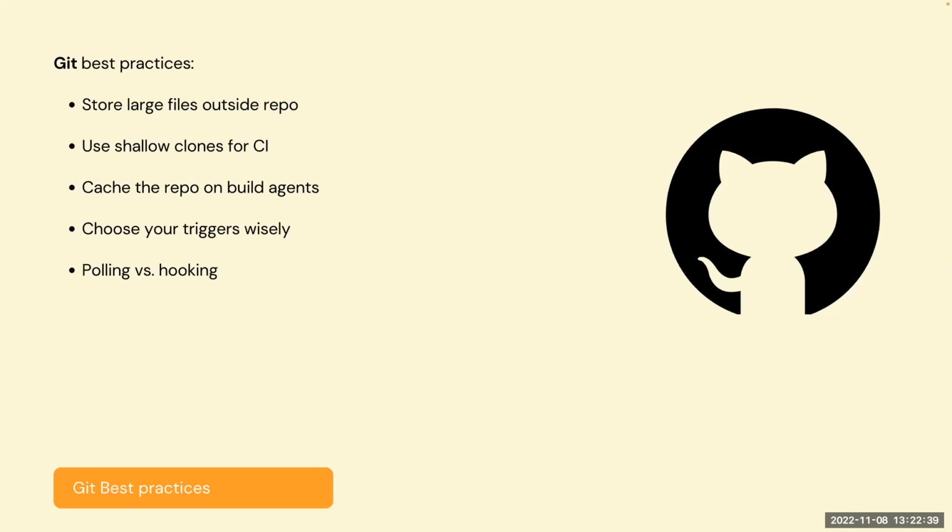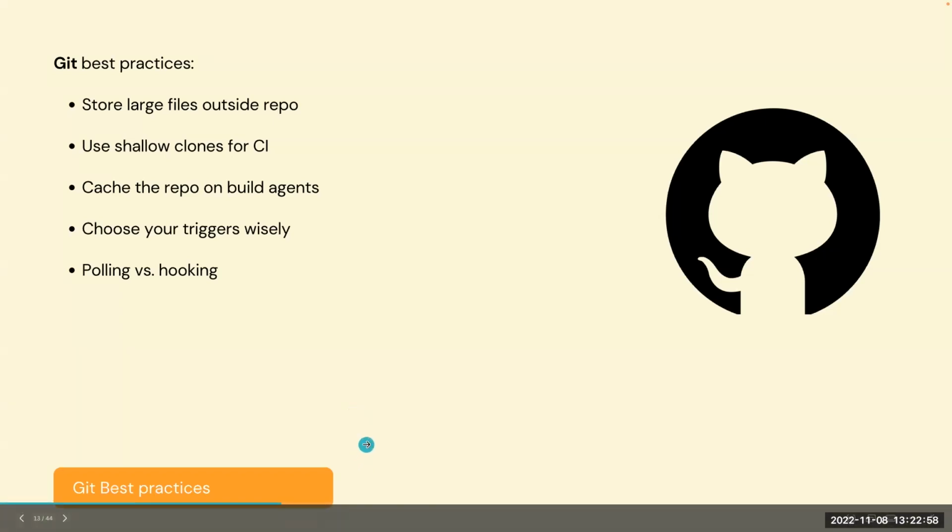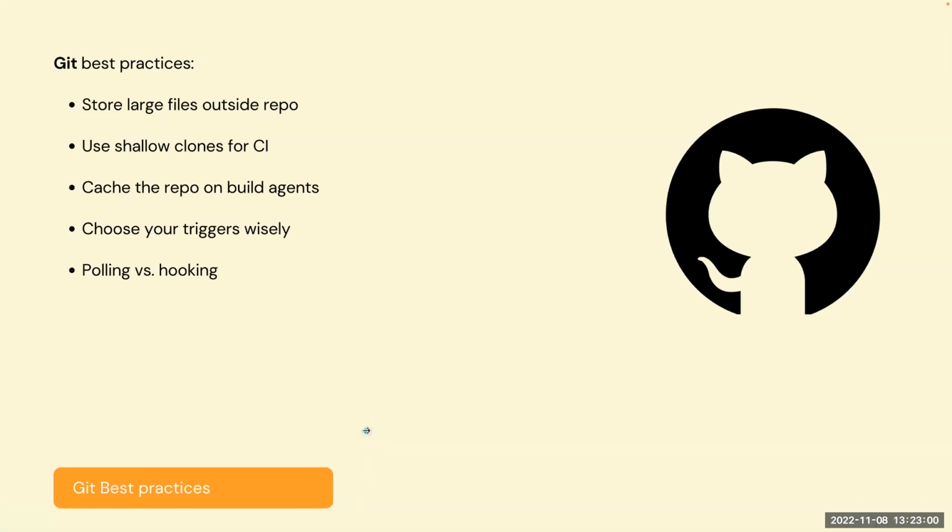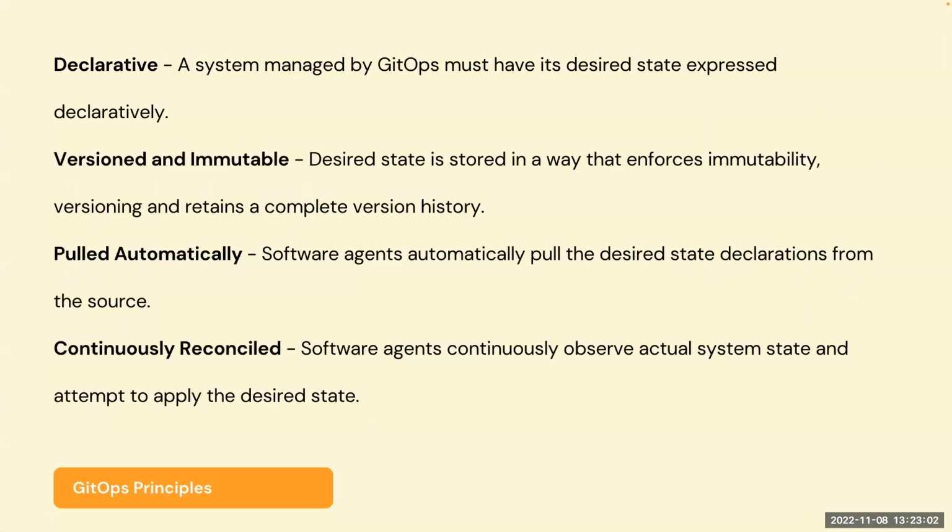And when it comes to polling versus hooking, make sure that in your CI system you are just pulling the changes, instead of cloning from the repository every time.